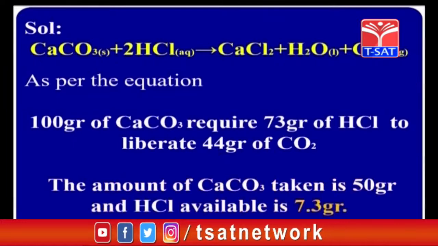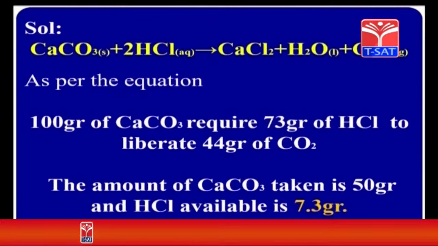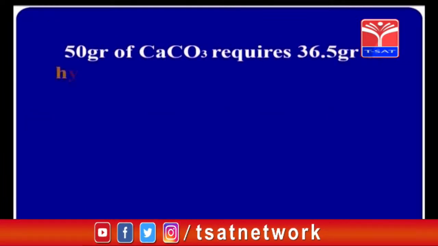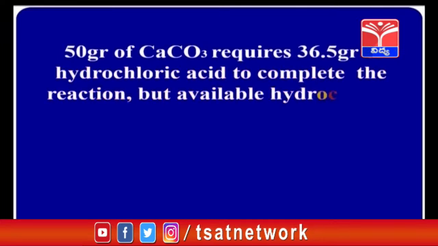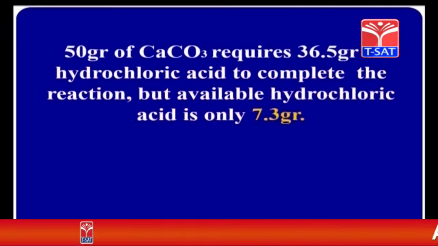So the amount of calcium carbonate taken is 50 grams and the HCl available is 7.3 grams. See, we are getting this information from the numerical problem which was given. Now 50 grams of calcium carbonate requires 36.5 grams of hydrochloric acid to complete the reaction, but available hydrochloric acid is only 7.3 grams.